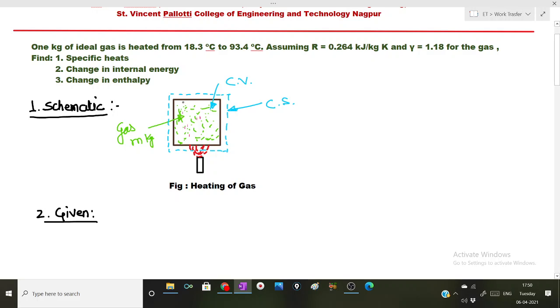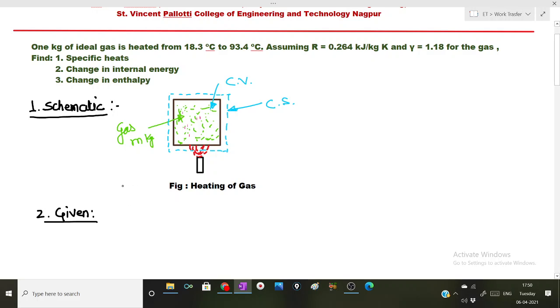So let us consider a closed container where 1 kg of gas is there and it is heated. This forms the basis of our control volume and control surface, and the figure represents heating of gas. So this is the required schematic of the problem.